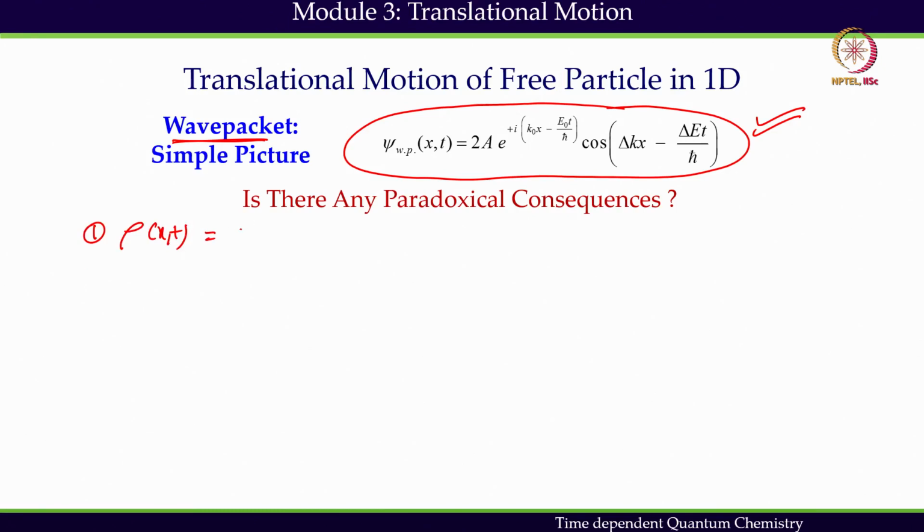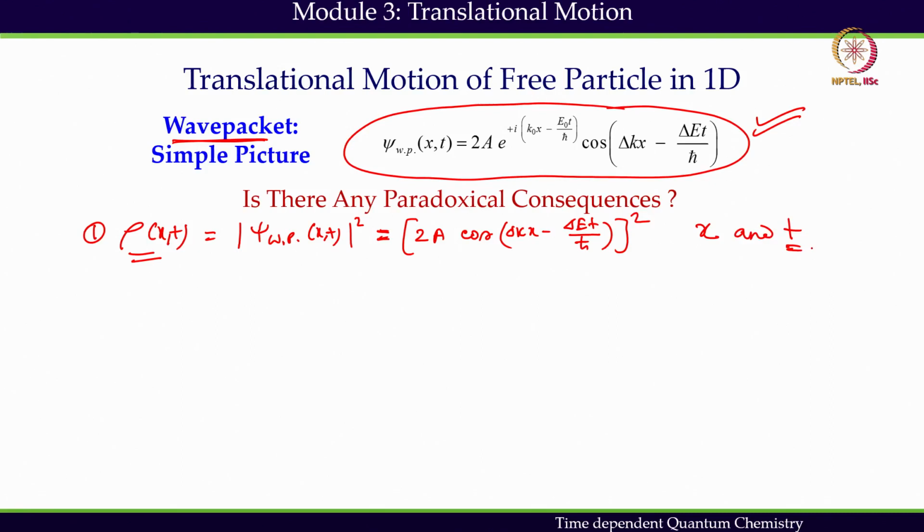The probability density for this wave packet will be given by the absolute square of the absolute value, and that is nothing but 2a cos of delta k minus delta E t by h cut, whole square. Now, rho depends on x and t.